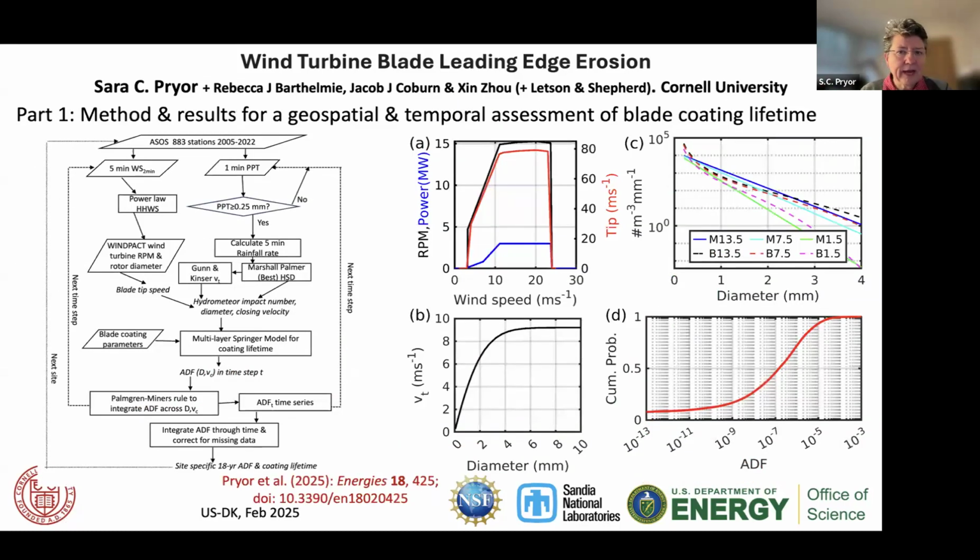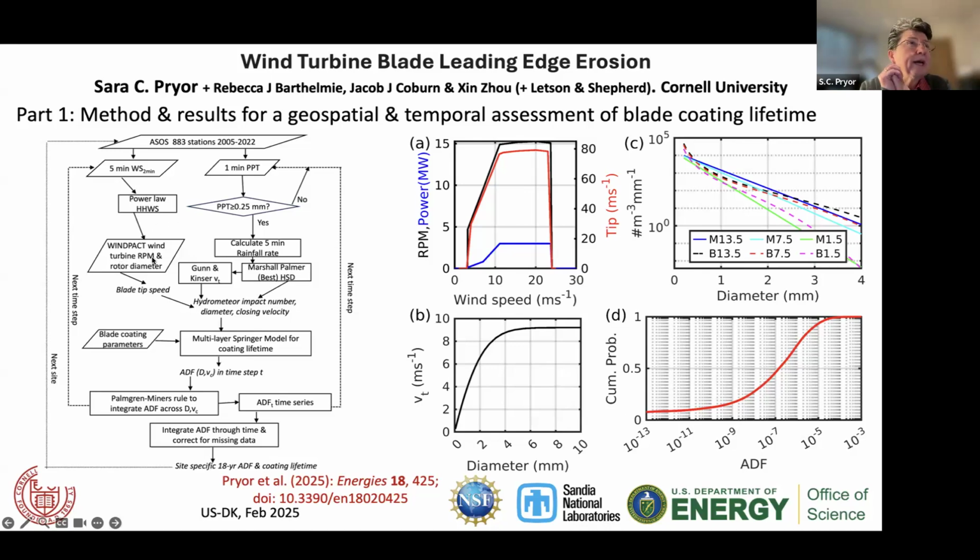So how do we do this analysis? I've started by taking 18 years of observations from each of these ASOS stations. And for each 5-minute observation of wind speed at 10 meters, I use a power law to extrapolate it to the hub height of this WindPack 3 megawatt wind turbine.